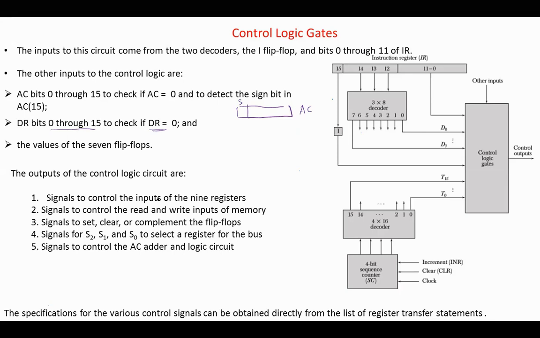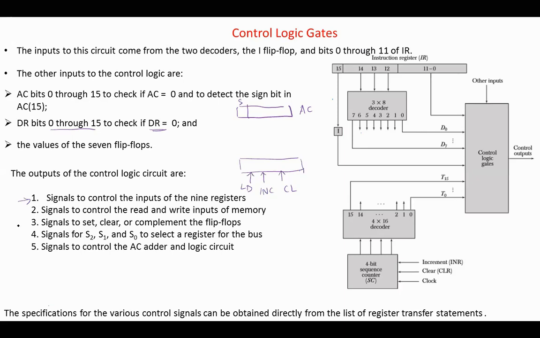The outputs of the control logic circuits are signals to control the inputs of 9 registers. Most of the registers have 3 inputs: load, increment, clear.